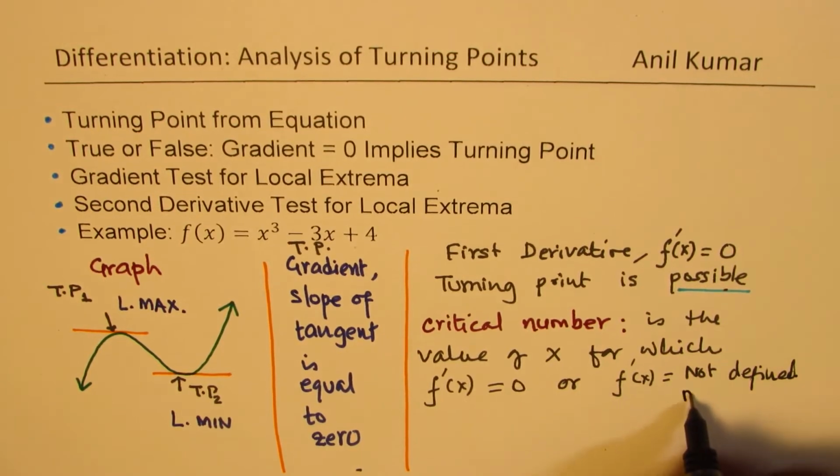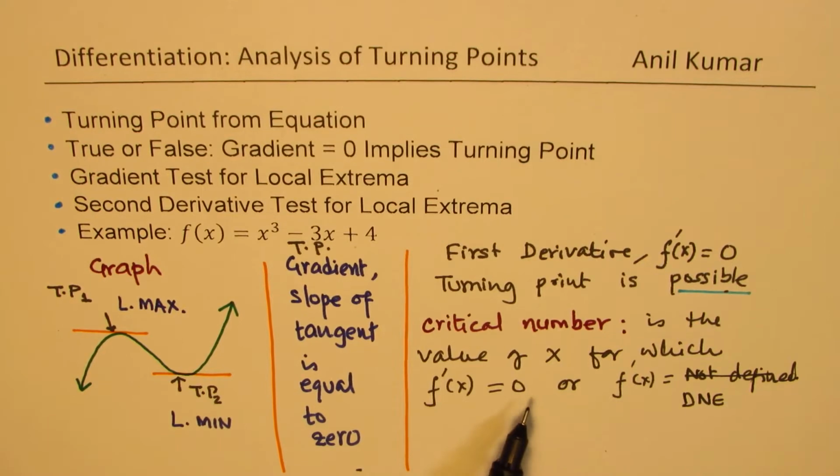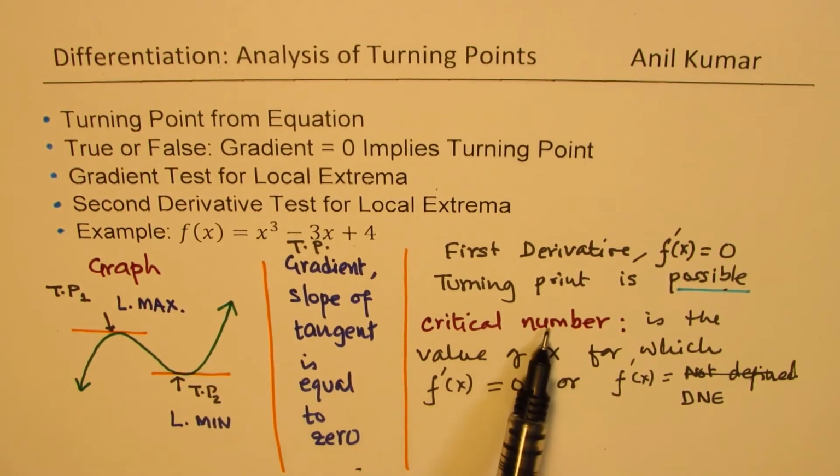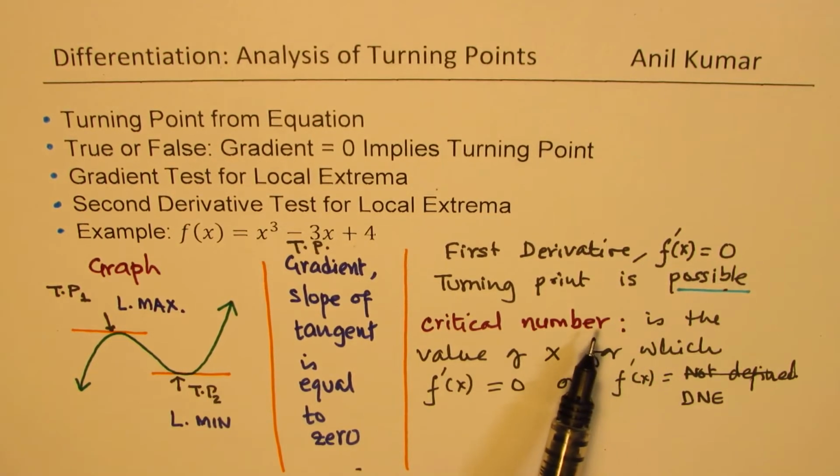We normally say does not exist, right? So if the first derivative is 0 or if it does not exist, in that case we have a critical number. And a critical number is a possibility of a turning point.